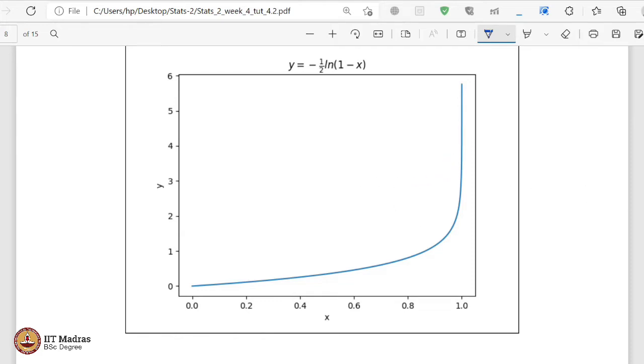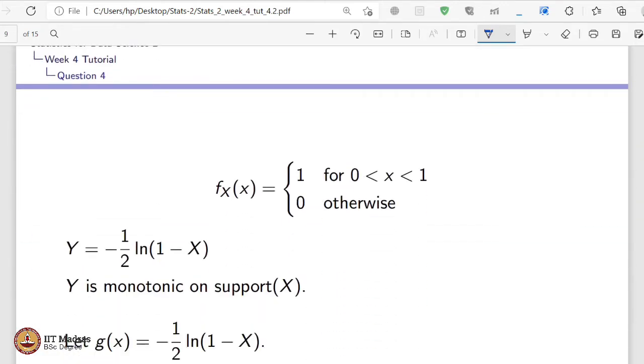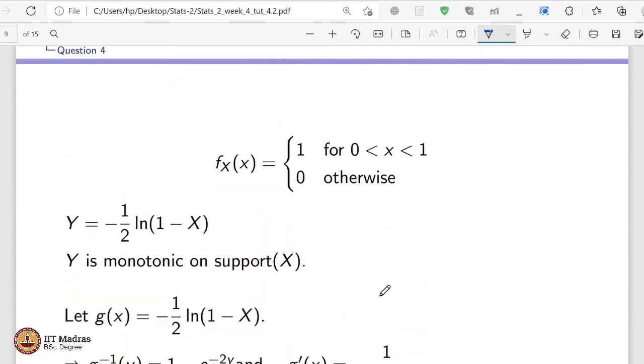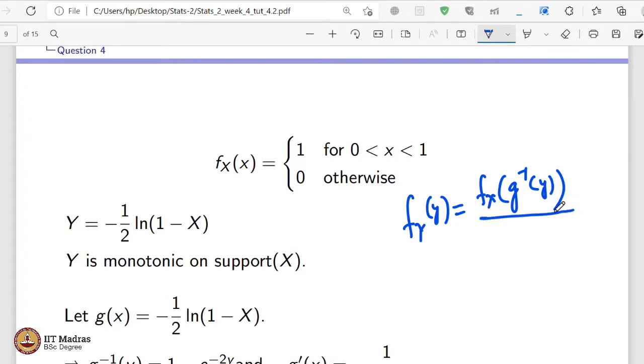So what we can do, we can just use our Brahmastra, or we can say we can use our direct formulas. What was that formula? So the formula was simply this one: f of x at g inverse of y upon g dash of g inverse of y.